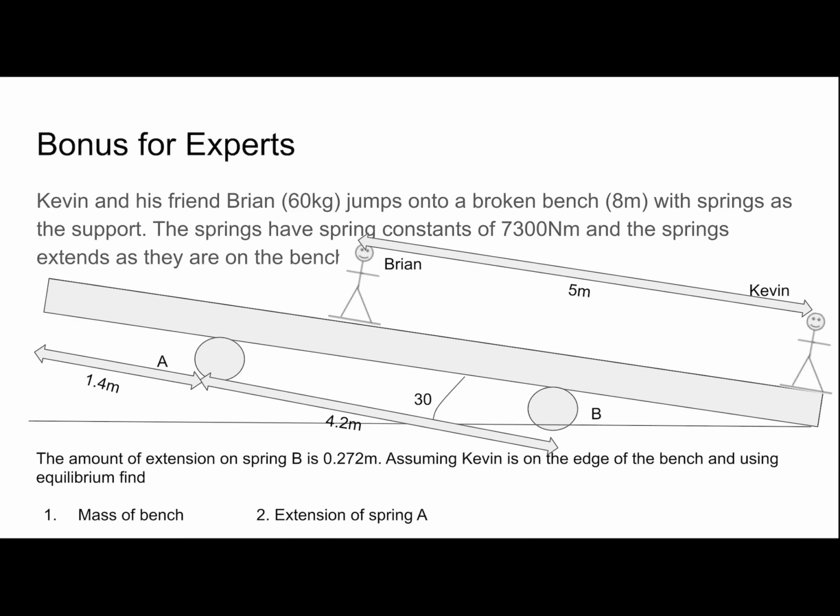As a hint for this question, torque equals force times distance, but remember that the force and distance need to be perpendicular to each other. I want you to find the mass of the bench and the extension of the spring A.